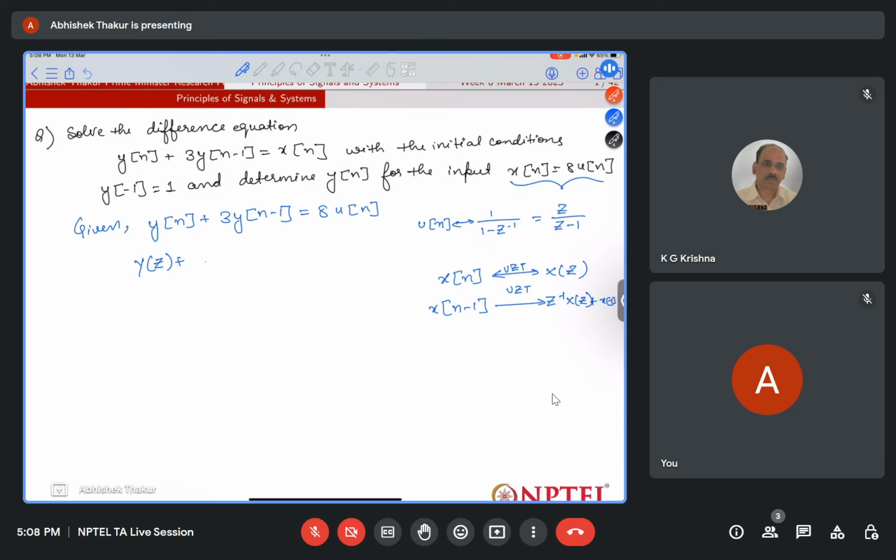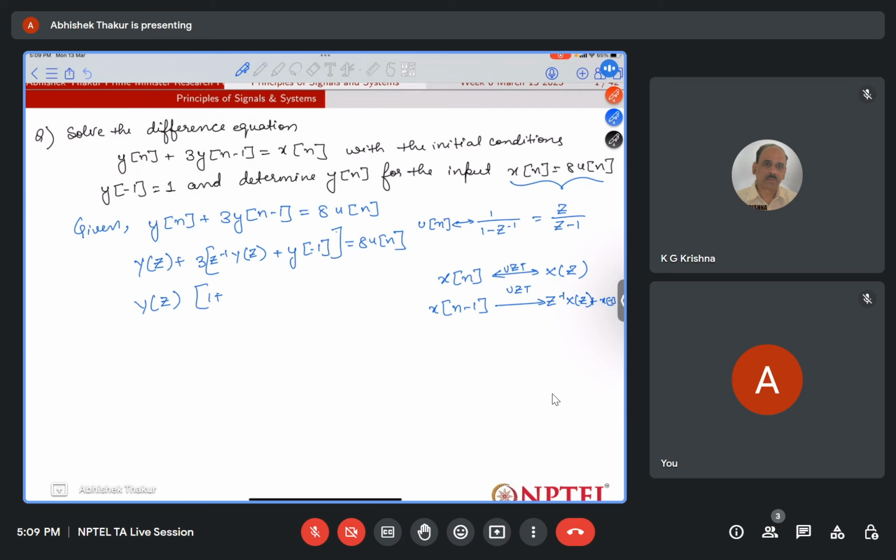The same we will apply here, that is 3 of z^-1 Y(z) + y[-1], which is equal to 8u[n]. After that we'll take Y(z) as common.